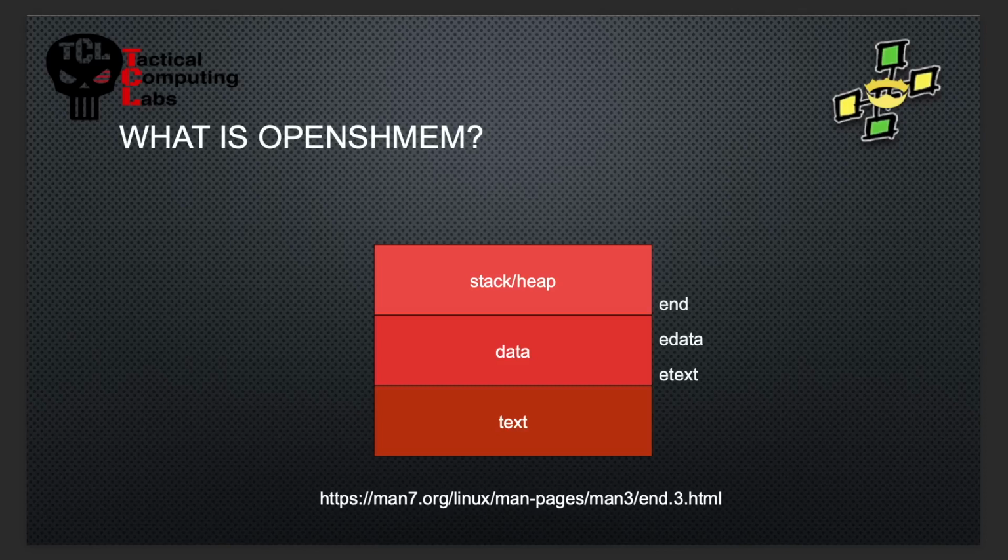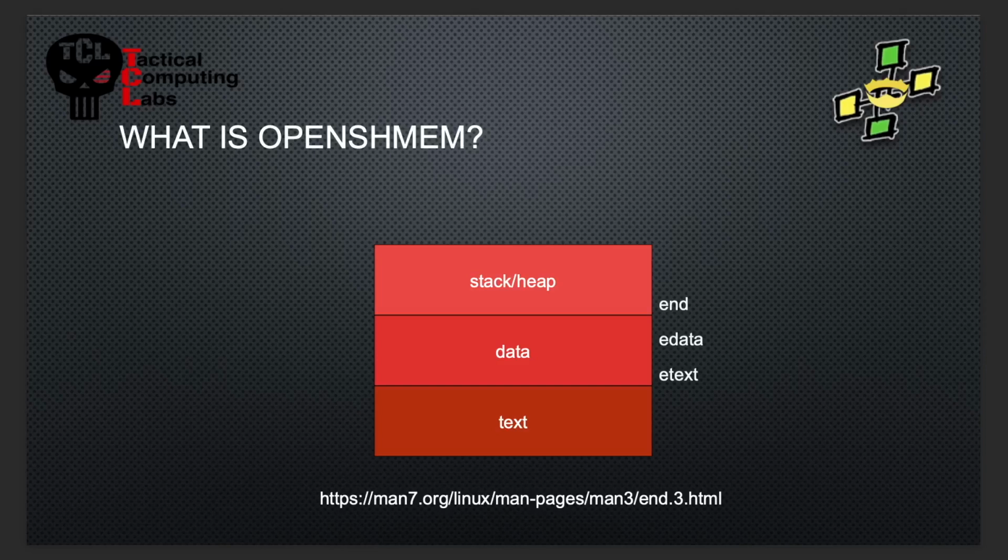The eText pointer identifies the end of the text segment and the beginning of the data segment. Additionally, the eText pointer represents the beginning of the initialized variables in the data segment. The eData pointer represents the end of the initialized variable segment or address range in the data segment.